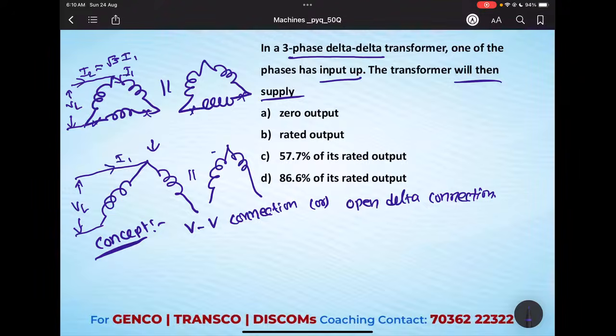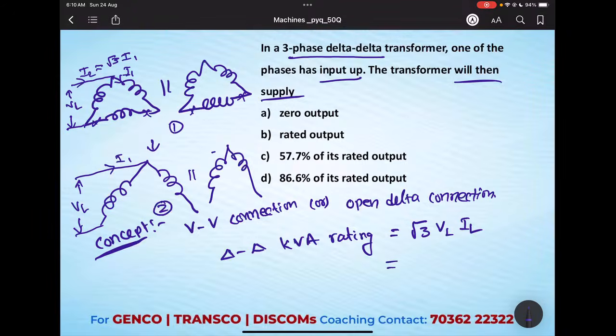So first we will calculate the power transfer, the KVA capacity or KVA rating of delta. Normally, what is the formula? KVA calculation of a 3-phase transformer is √3 VL IL. So from the first diagram, let's take it as figure 1, and the second as figure 2.